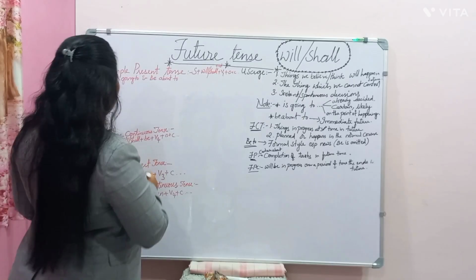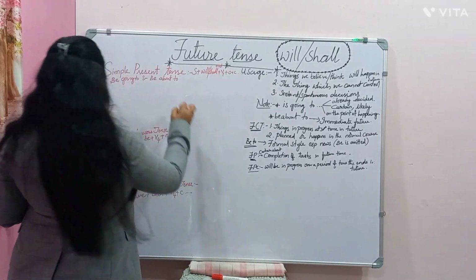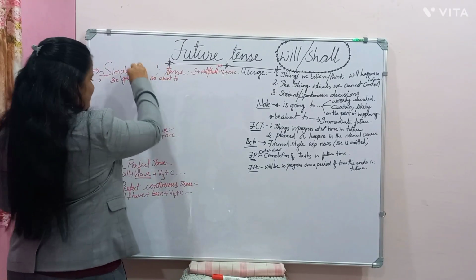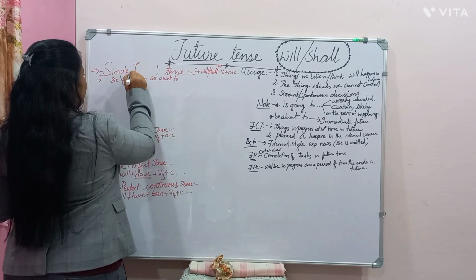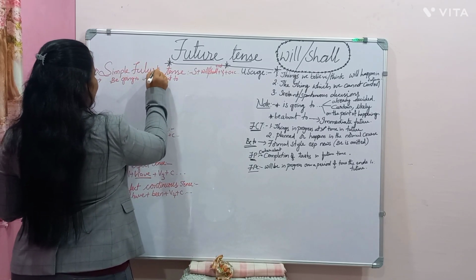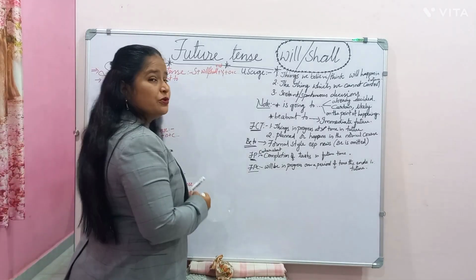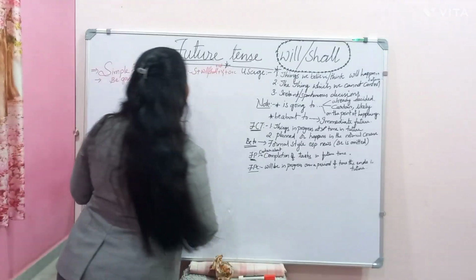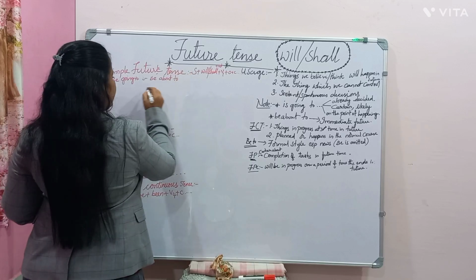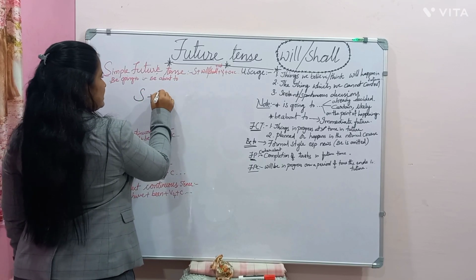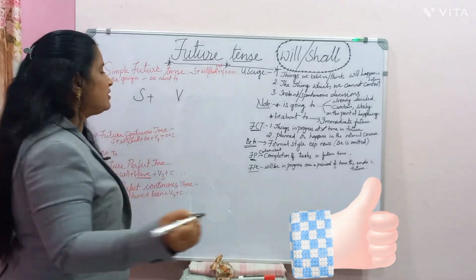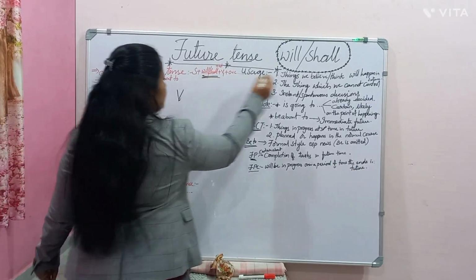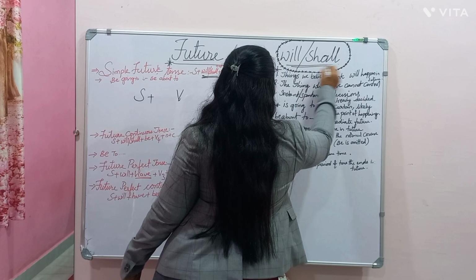Simple future tense. So when do we use this simple future tense? All the time we know that subject plus verb comes, but in the future it is something with will or shall. That's why I have written here will or shall.